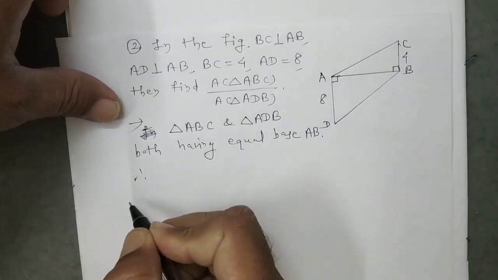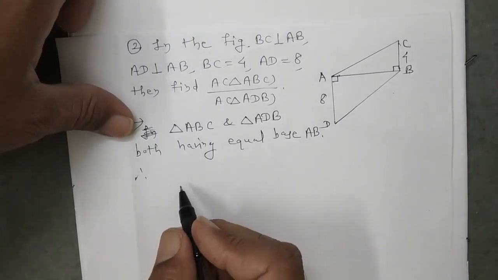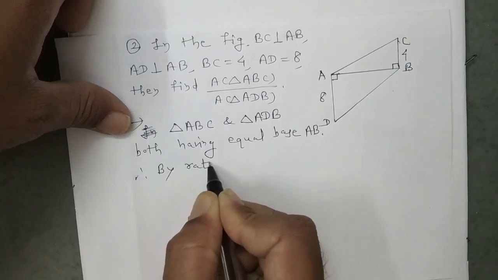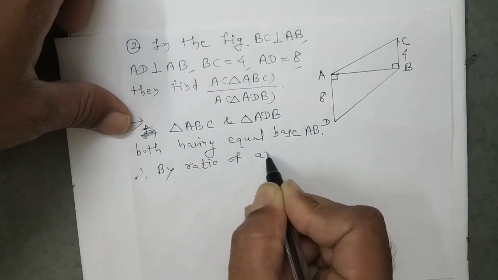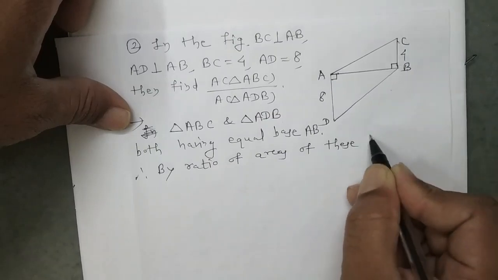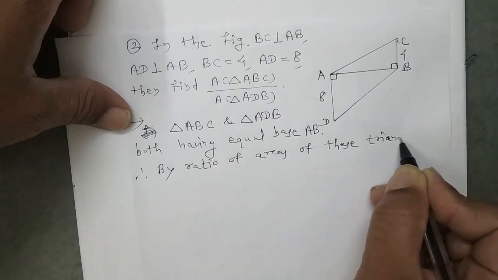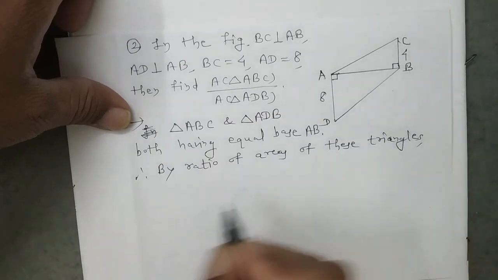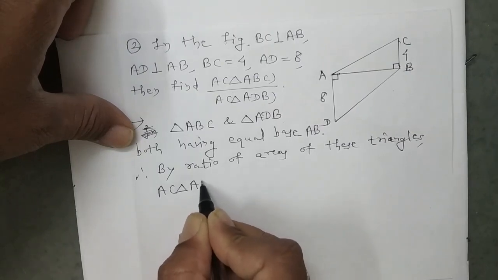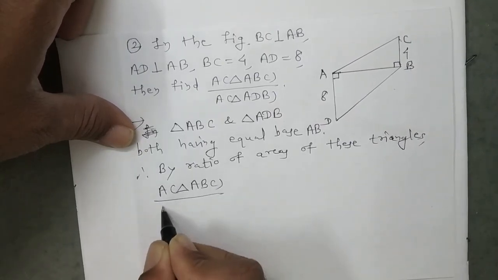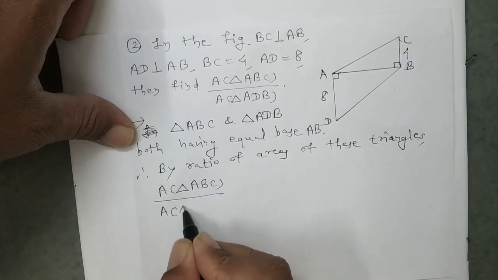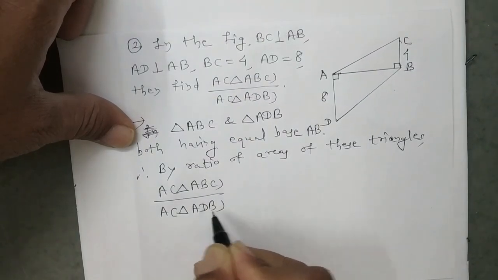Therefore, by ratio of areas of these triangles, area of first triangle, that is area of triangle ABC, divided by area of second triangle, area of triangle ADB, is equal to.